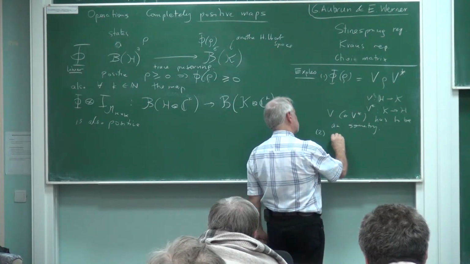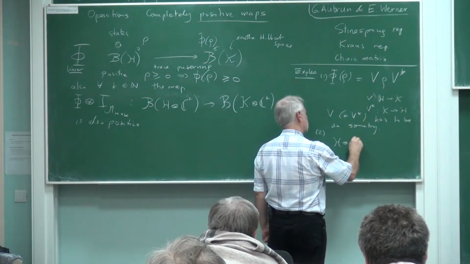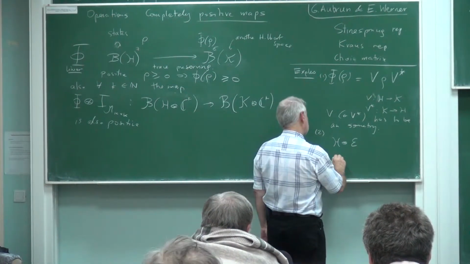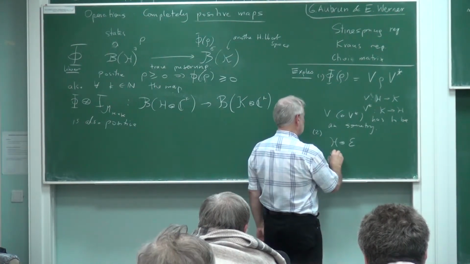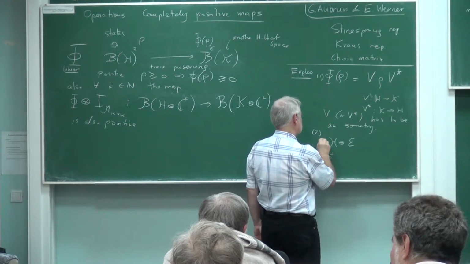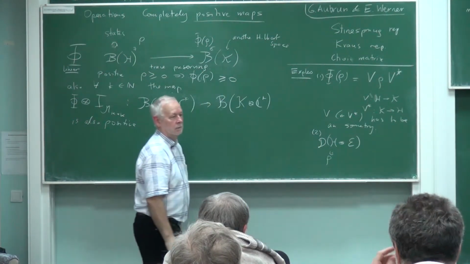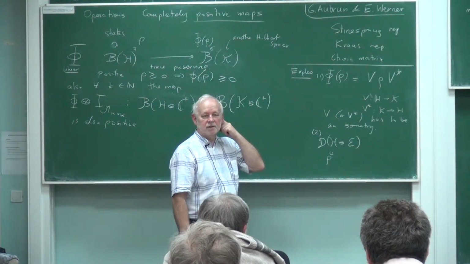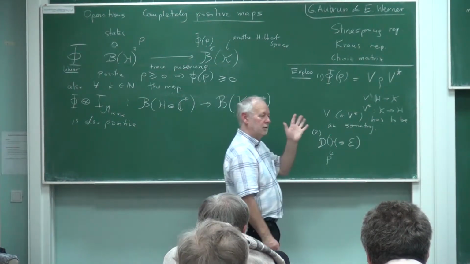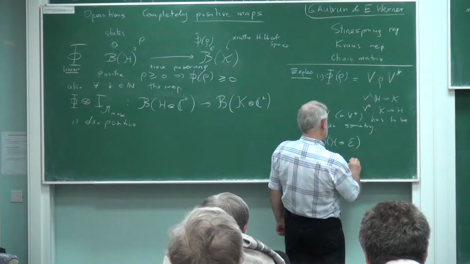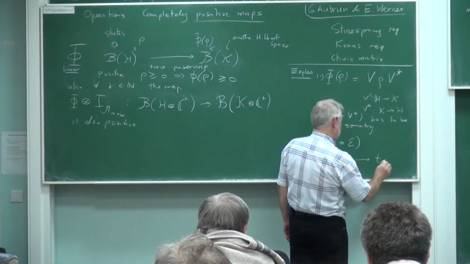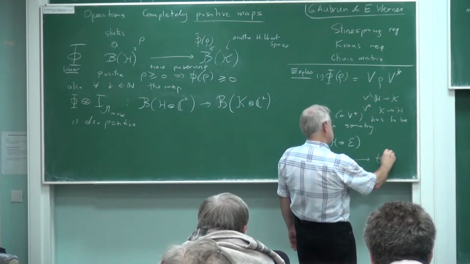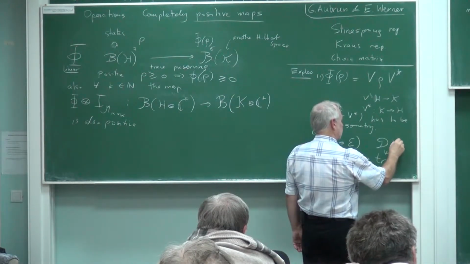So we start with, let's say, H tensor product with something different, E. So you have a rho which belongs to, well, let's say, states on that. Okay, and then what you do is you apply what is called a partial trace, and I will explain what that is. So rho goes to the partial trace, you trace over E of rho, and this is a state on the first factor H.